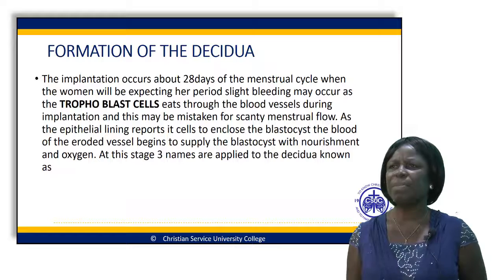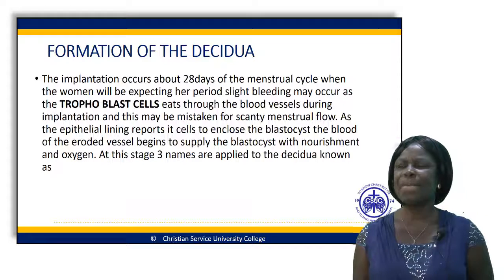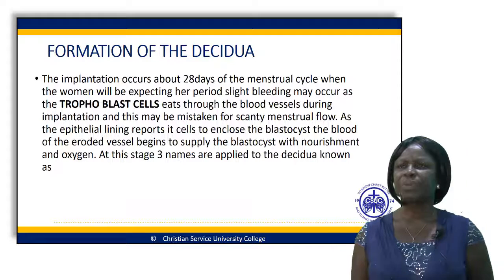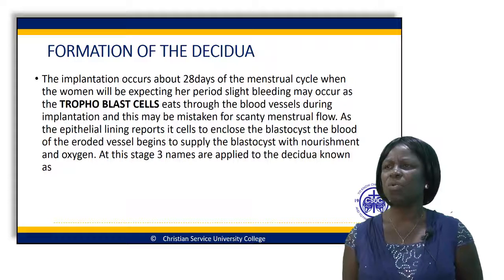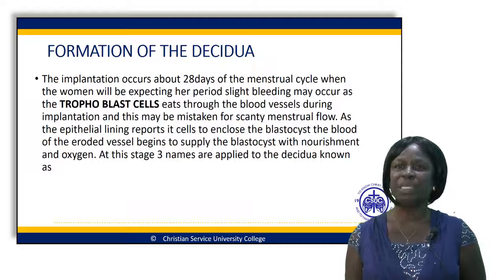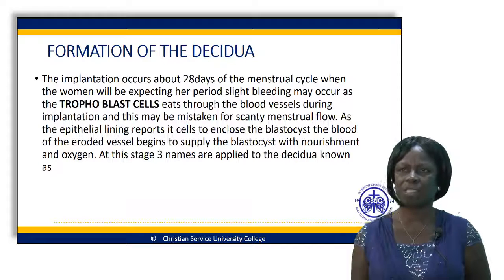Slight bleeding may occur as the trophoblast cells eat through the blood vessels during implantation, and this may be mistaken for scanty menstrual flow. As the epithelial lining repairs its cells to enclose the blastocyst, the blood of the eroded vessel begins to supply the blastocyst with nourishment and oxygen.